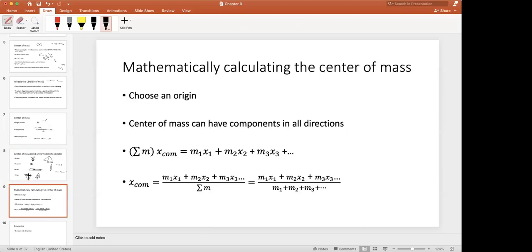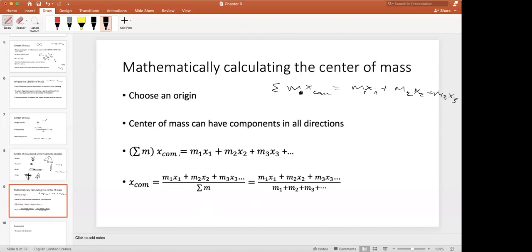But mathematically, what we get is that M times x, where this is the net M, and x is where the center of mass is, is equal to the sum of m times x for every single mass in our system, right? So let's say this is 1, and this is 2, and this is 3, and so on and so forth.